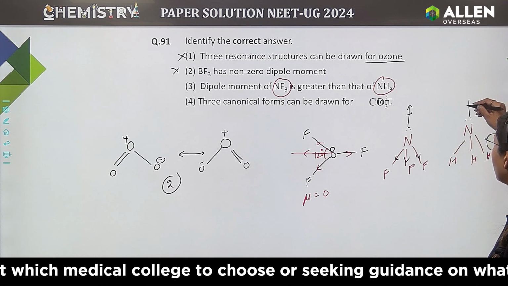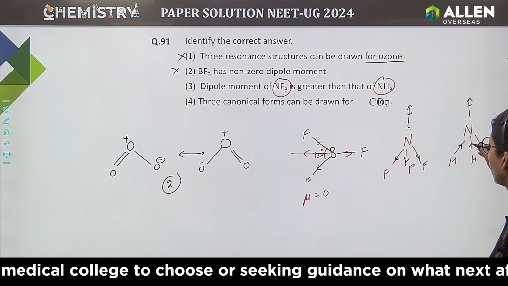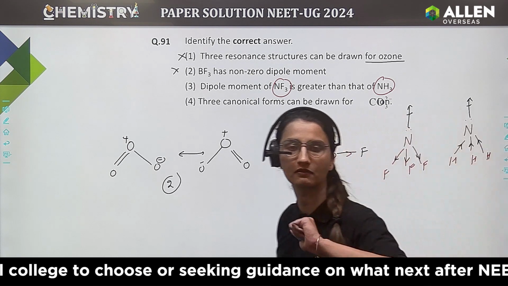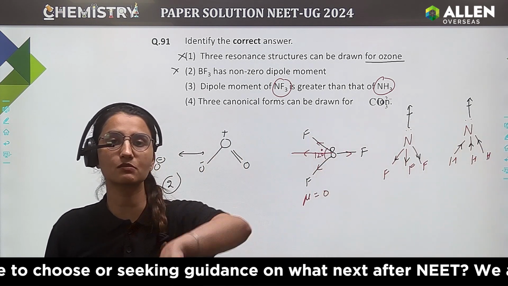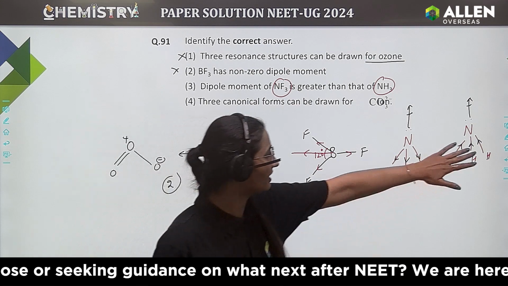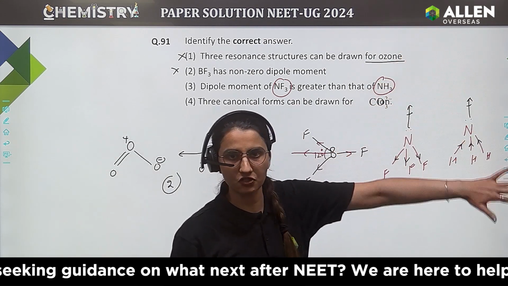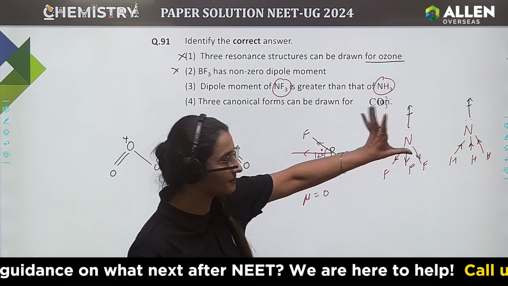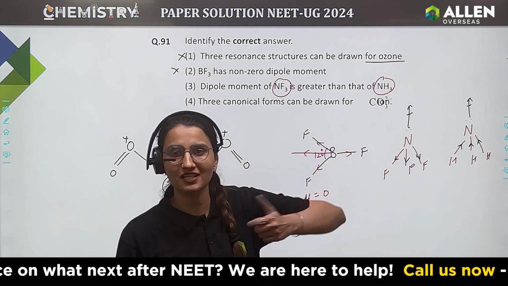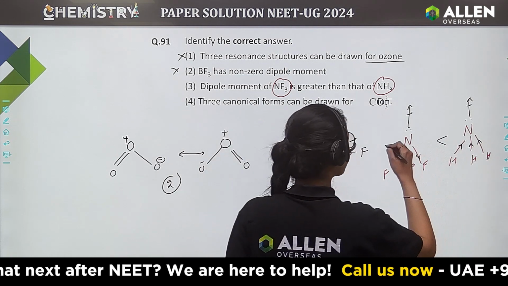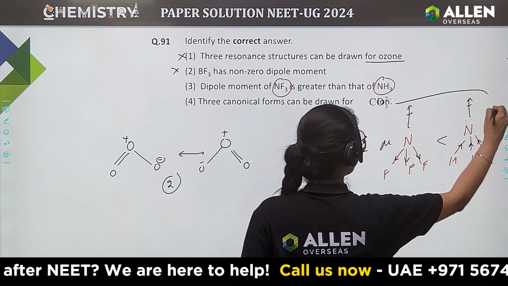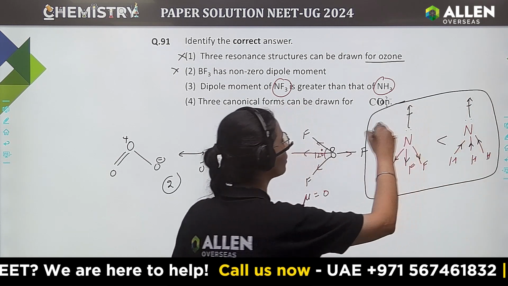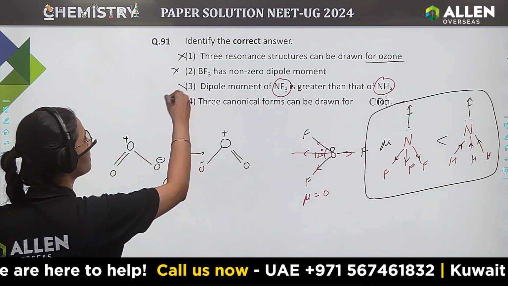Here the lone pair is in the opposite direction. Here the NH bond also is in the up direction. Why? Because electronegativity of N is more than H. In NH3 all vectors are in the same direction, additive. Here there is some cancellation. So which has greater dipole moment? Obviously this, no? Dipole moment of NH3 is more than your NF3. So the first three statements are wrong.